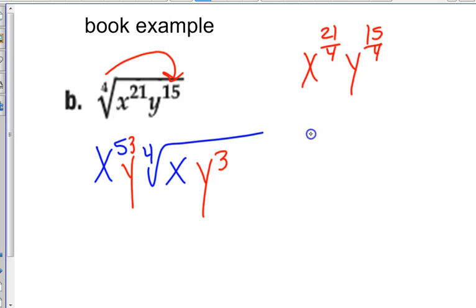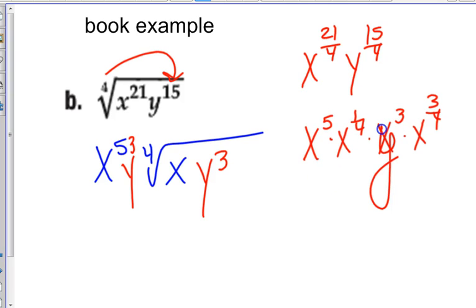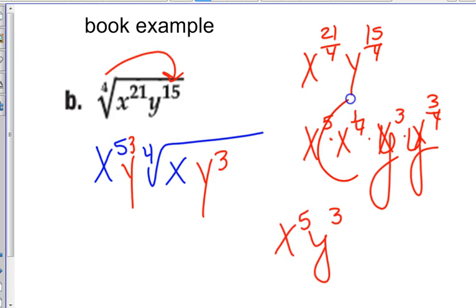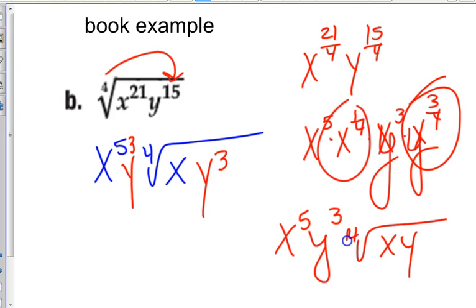Okay. This becomes an x to the 5th with a 1/4. This becomes a y to the 3rd. That's 12 with a 3/4, right? Oh, those are both y's. Just kidding. All right, so then we have an x to the 5th and a y to the 3rd, and then these 4th guys need to go back in the radical. It's the 4th root of an x, y to the 3rd.